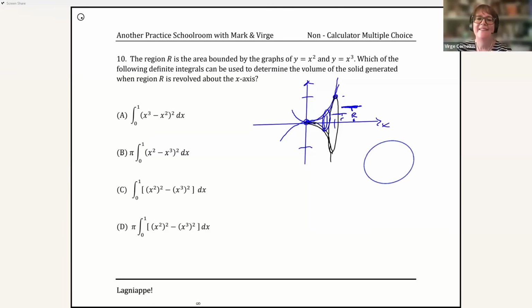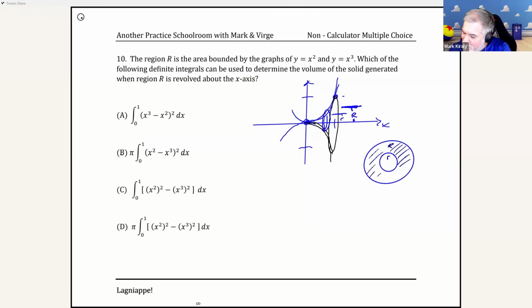I'm going to take advantage of my technology here a little bit. I'm trying to find that big R and that little r, because every one of these discs is the shaded area. So which graph's on top? I could tell because of how you drew it that x squared, as these graphs travel from x equals 0 to x equals 1, is always above y cubed.